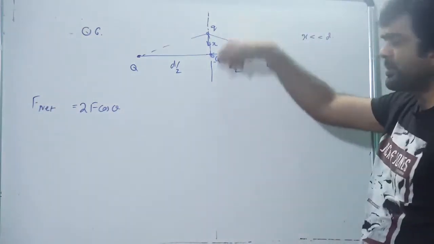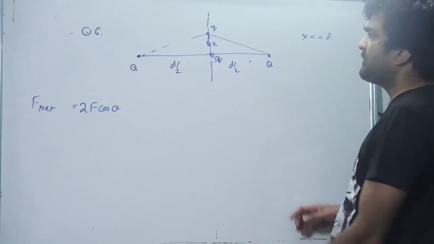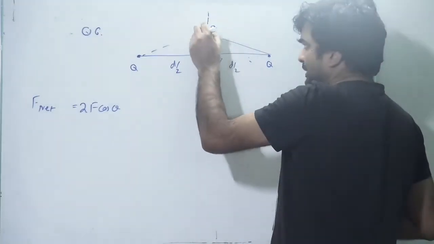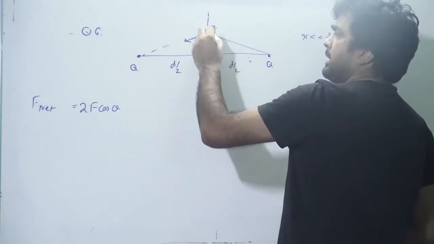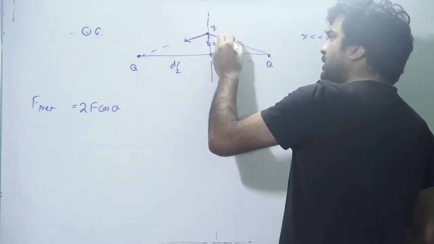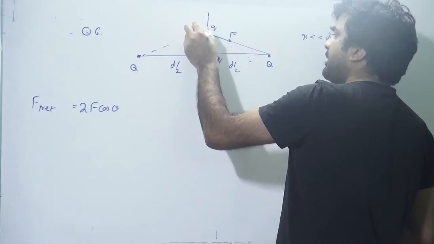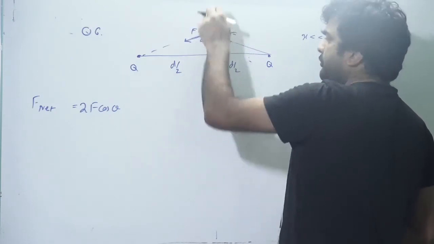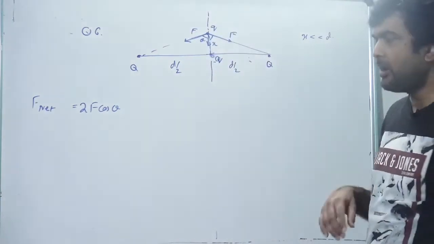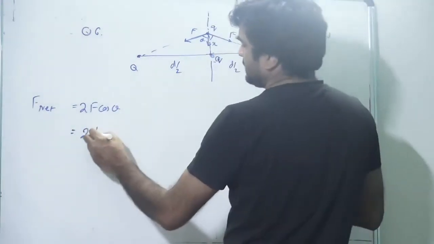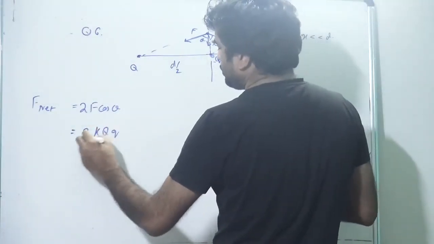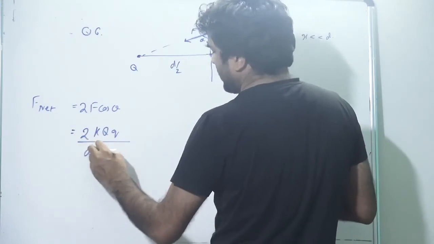It will be towards the mean position, where F is the force that one charge exerts on q, and similarly the other charge will also exert a force F on it, and the resultant will be 2F cos theta in this direction, where F is how much? 2 k Q q upon r square. r square is how much?